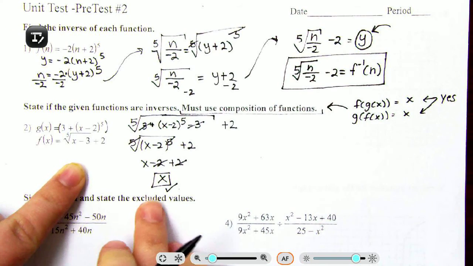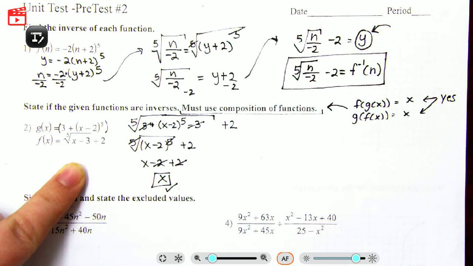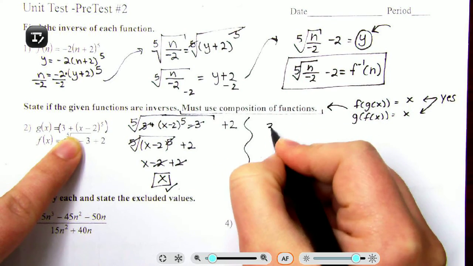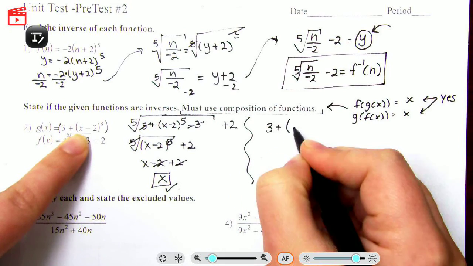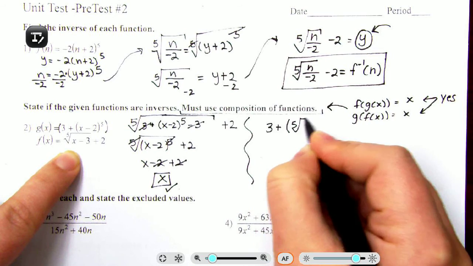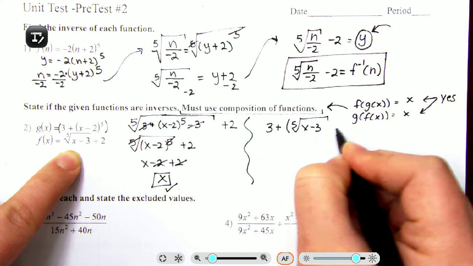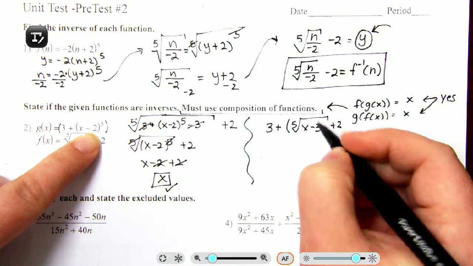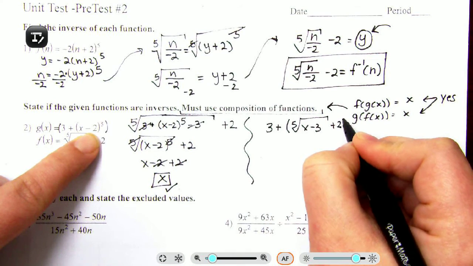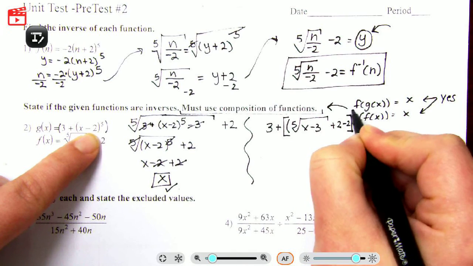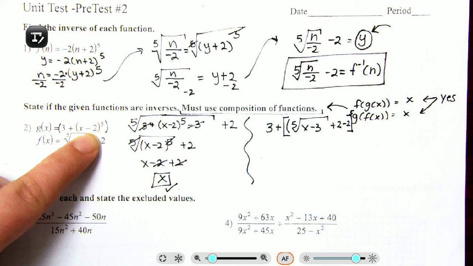Because this is equal to x, then we must continue to solve for g of f of x. So start writing g. This is 3 plus parenthesis. Now instead of x, I'm writing this entire thing, which is the 5th root of x minus 3 plus 2 is outside the bubble. I'm going back in here to say minus 2, and then to the 5th power. I ran out of room there.